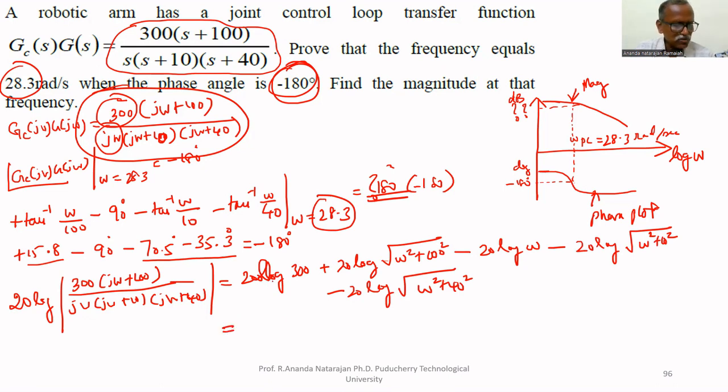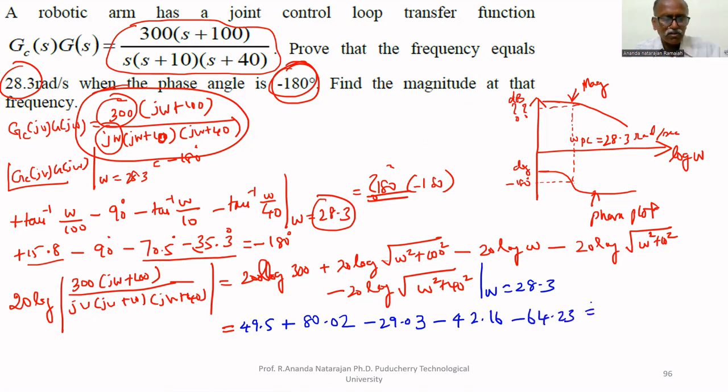If you substitute all these values, 20 log 300 equals 49.5, plus, substituting omega equal to 28.3, you will get 80.02 minus 29.03 minus 42.16 minus 64.23, equal to minus 5.67.